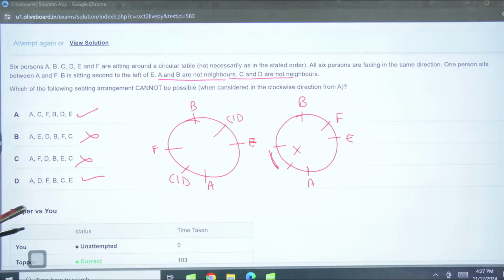When considered in the clockwise direction from A, considering inside and outside both.